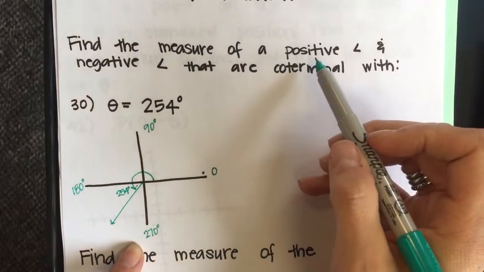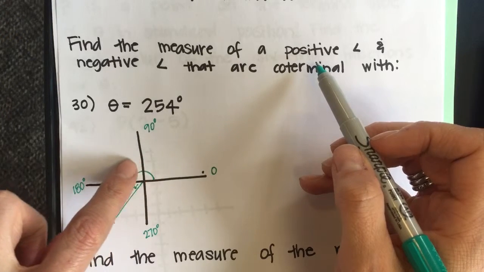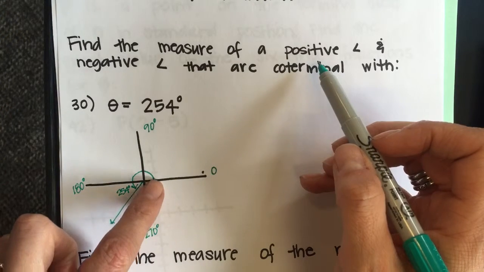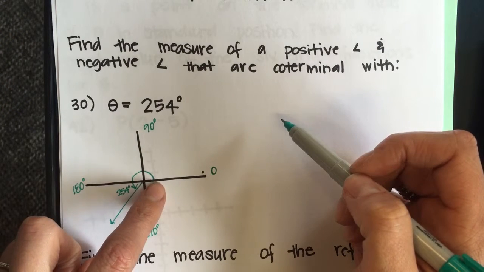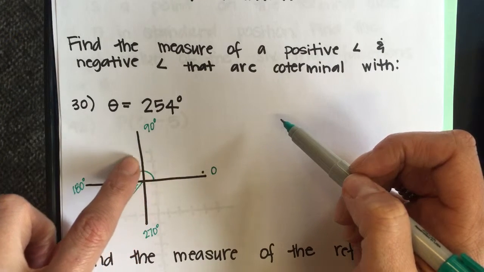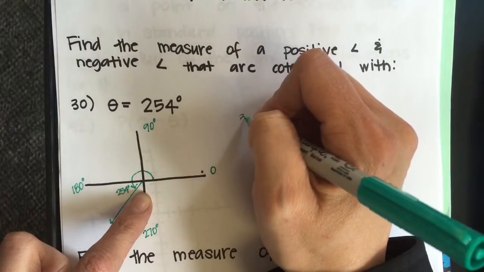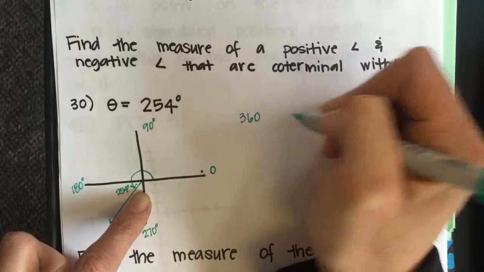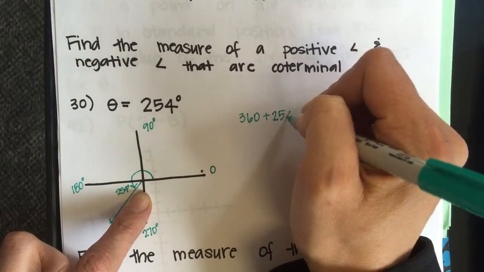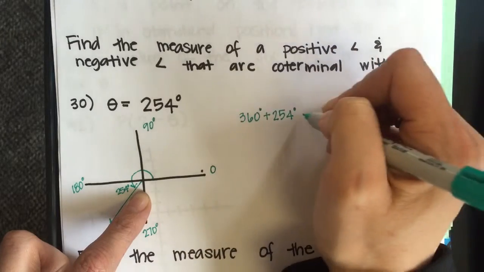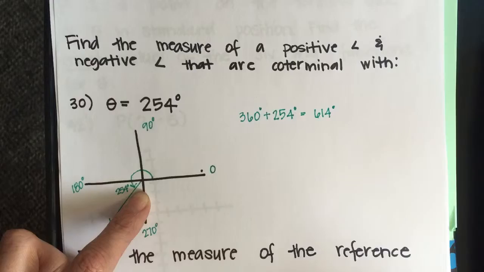To find one positive coterminal angle, if you went all the way around one time, that would be 360, and then to get to the same spot you would have to go an additional 254. So to find one positive we could go 360 degrees and then go another 254 degrees, and that would equal 614.